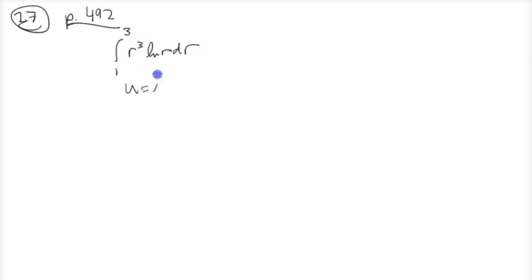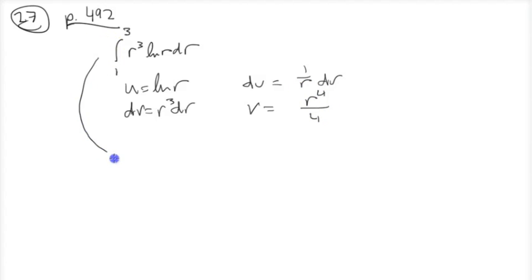So we'll call u ln of r, dv is going to be r cubed dr, du, that ln of r, we take the derivative, that's just 1 over r dr, and the v is going to be r to the 4th over 4. So we do our uv, ln of r times r to the 4th over 4. Let's make that super explicit.